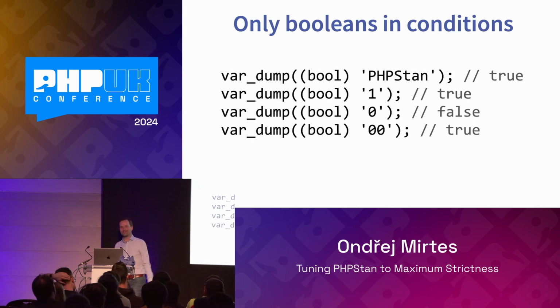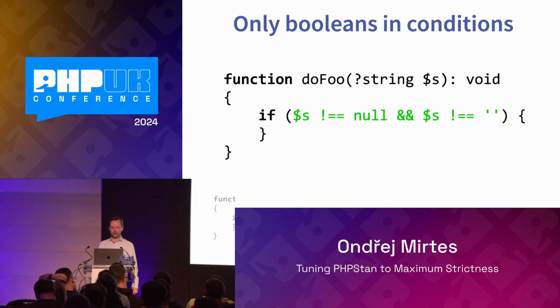So what I prefer much more is writing explicit conditions. So only booleans in conditions, and I would rather make this more explicit, so I would check, is this thing not null, and is it empty at the same time? And this makes it much more obvious what's going on. It's much more explicit.